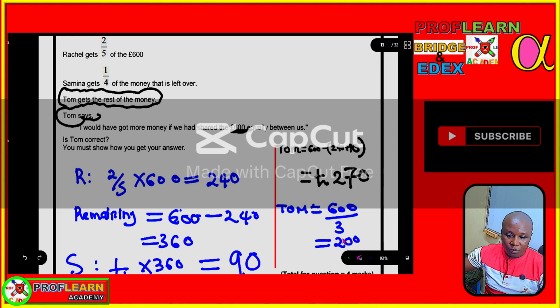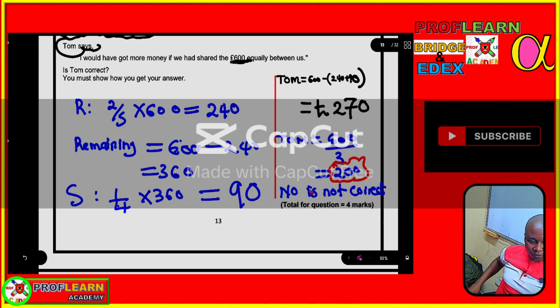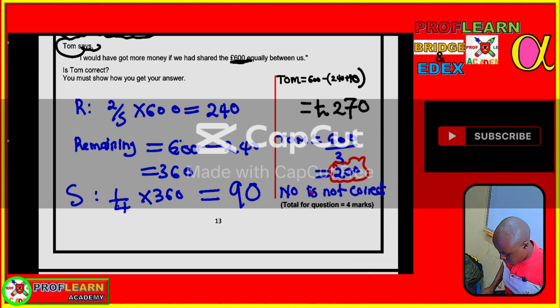So is that true? Is Tom correct? No. Tom is not correct, because if they could have shared equally, Tom could have gotten 200 pounds. So not true.